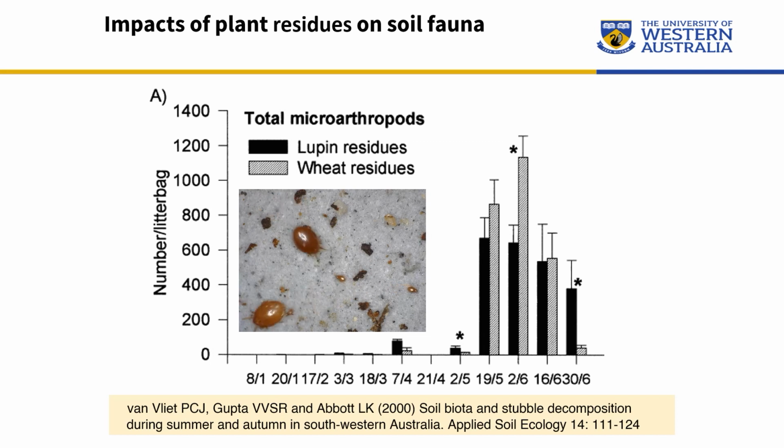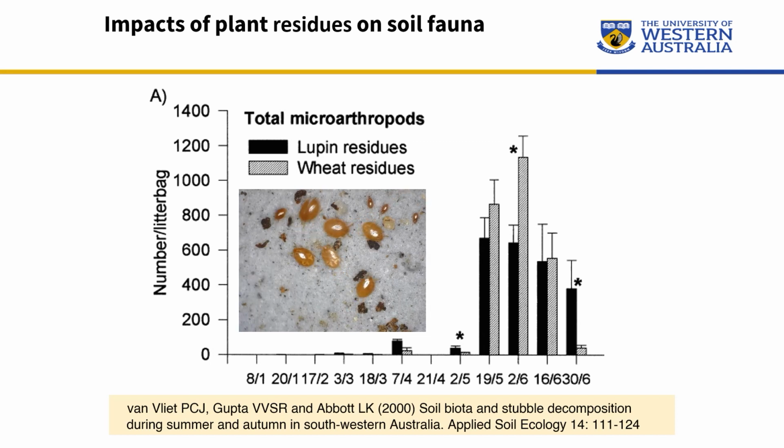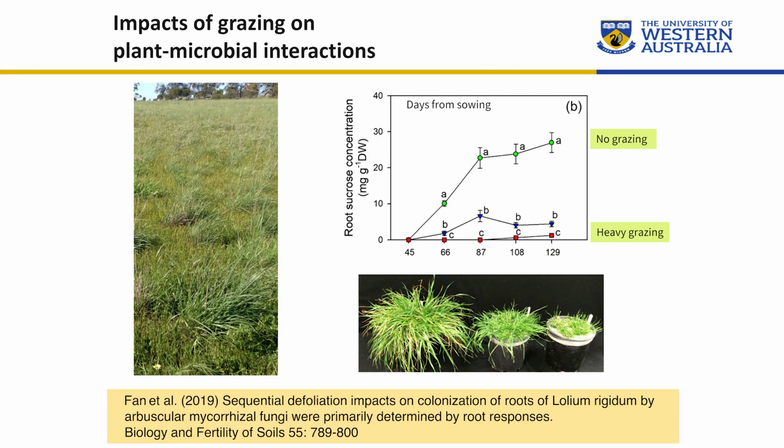And in this study, we were looking at adding different residues of plant, so wheat and lupin. But the point is really here that if you're looking for organisms, they might not be there or you can't find them. Doesn't matter. It doesn't mean that they don't exist. So some are active at some times, others are active at other times. So when you measure something, it mightn't be there, but it doesn't mean it's not hiding away.